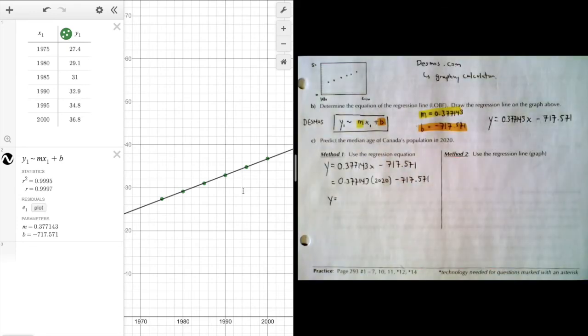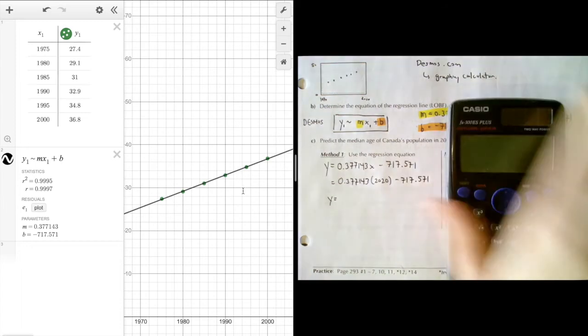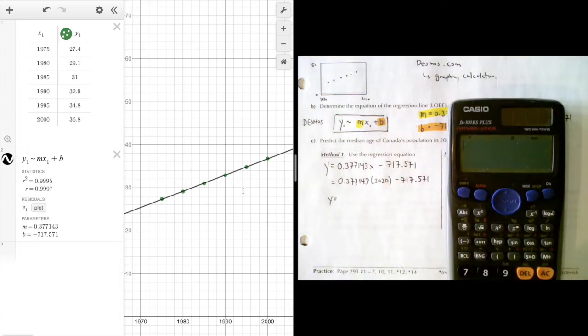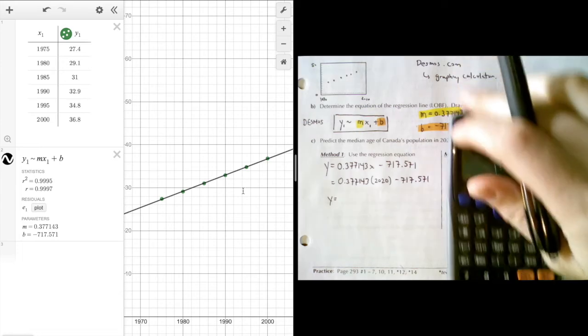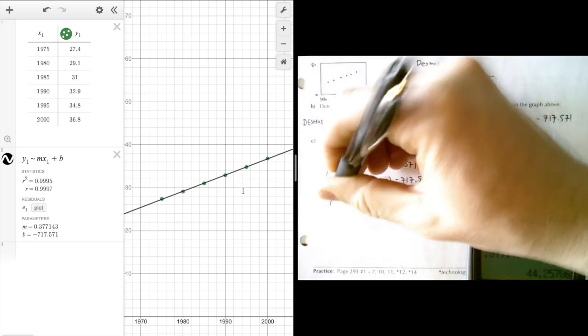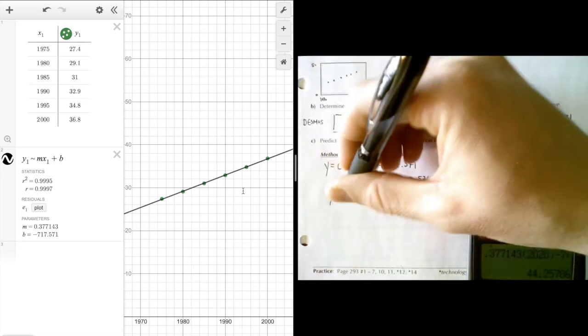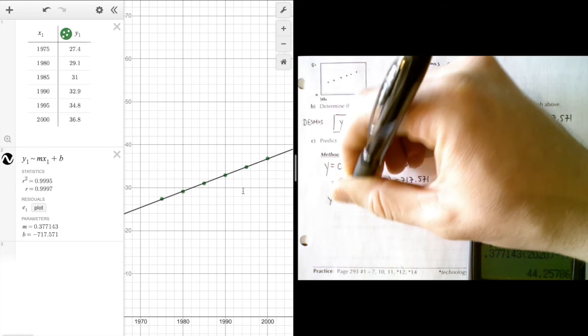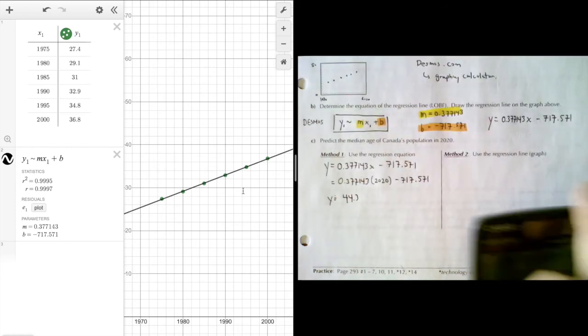And we calculate. So I need a calculator here. We've got 0.377143 bracket 2020 close bracket minus 717.571, and we get 44.25. So we'll just round to 44.3. There we go.